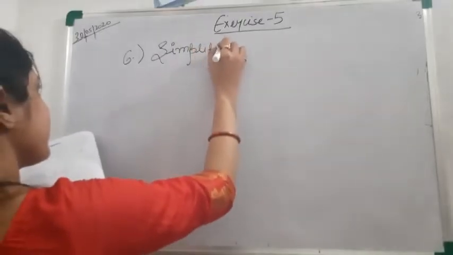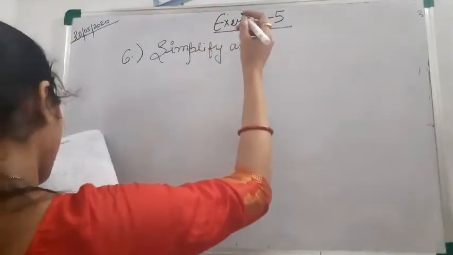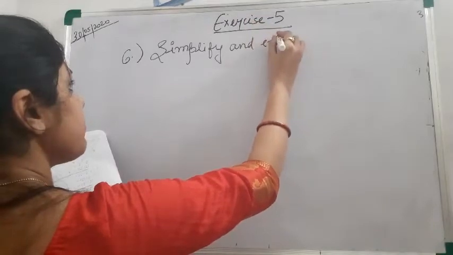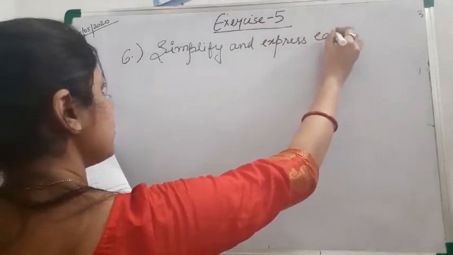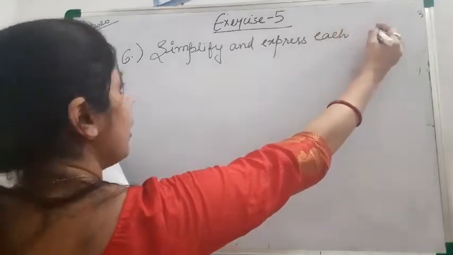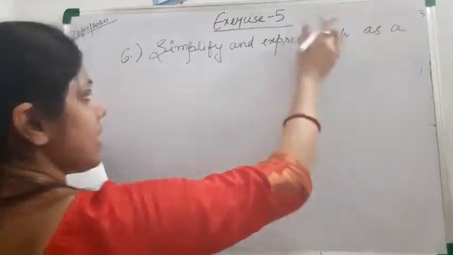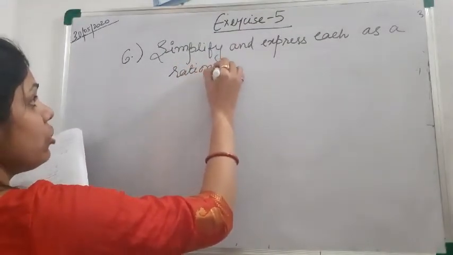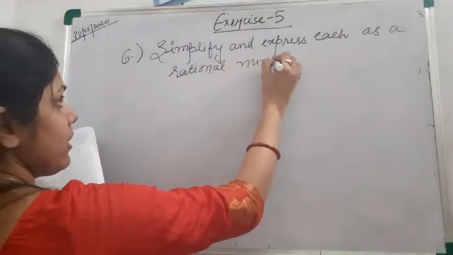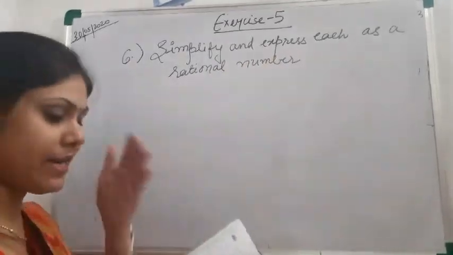Simplify and express each as... I have eliminated some words, so please go through your book, because I don't want to write the question, but still I am writing it.